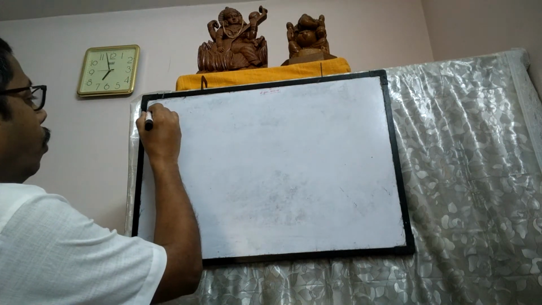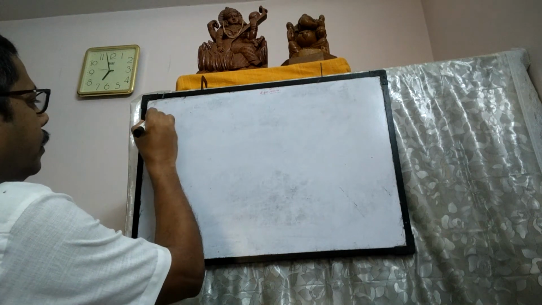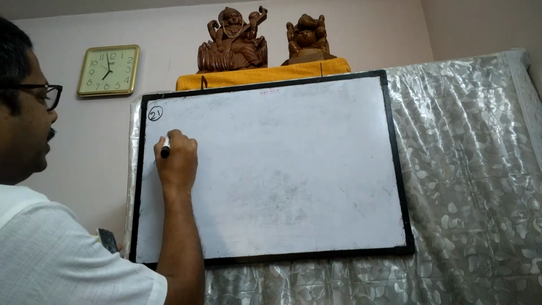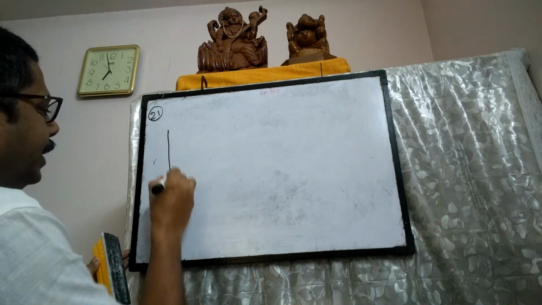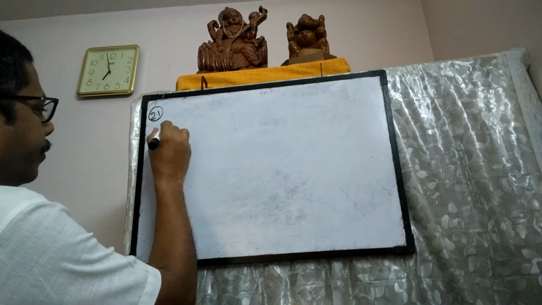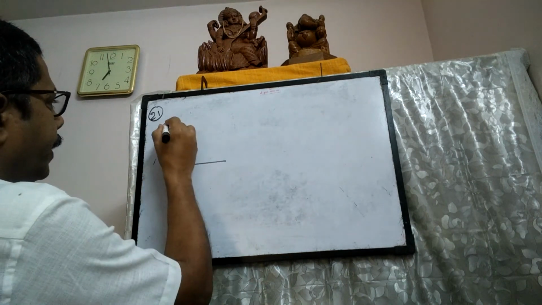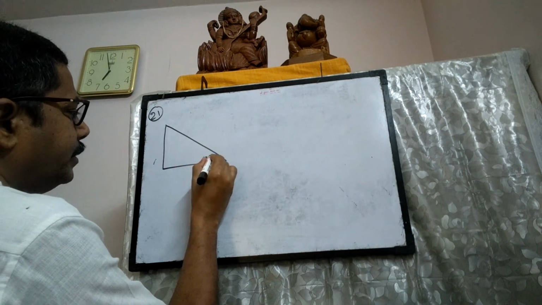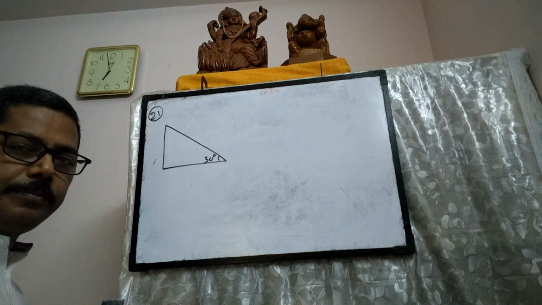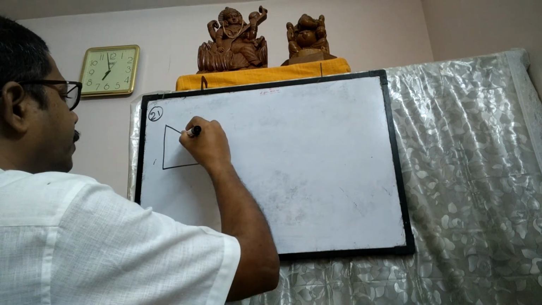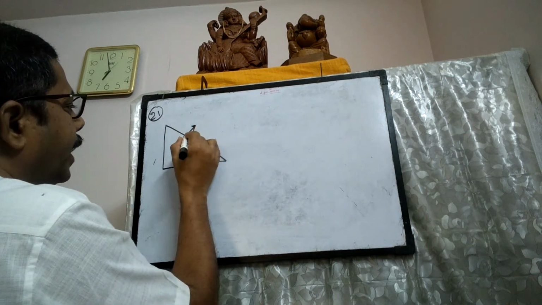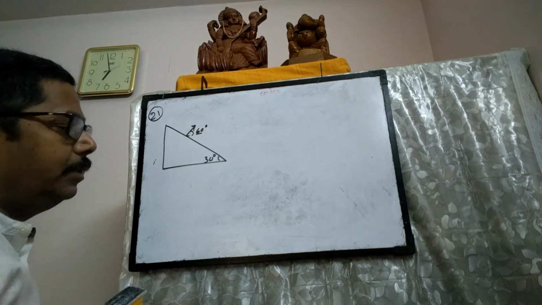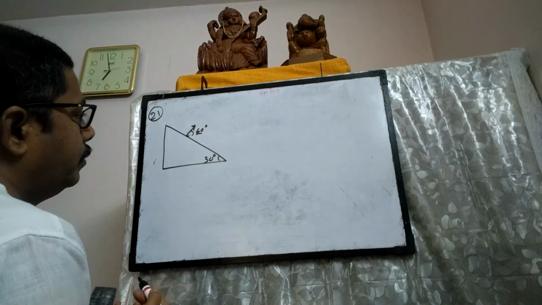Task 1, question number 21. The question says there is an inclined plane. The angle of inclination is given as 30 degrees and a body is projected at an angle of 60 degrees with the horizontal.